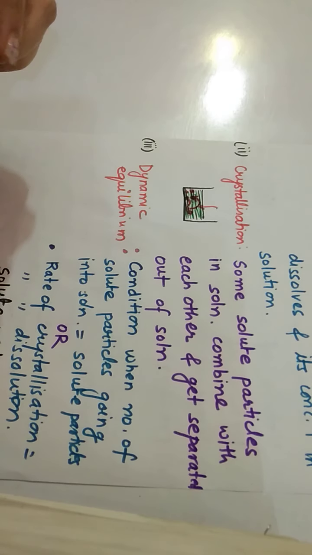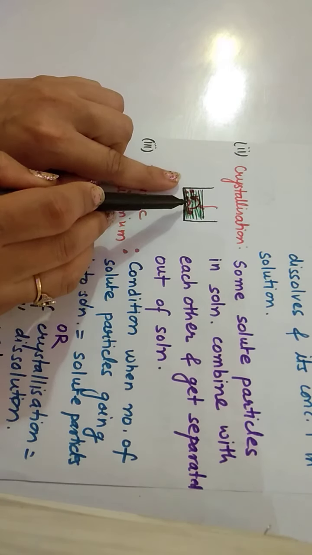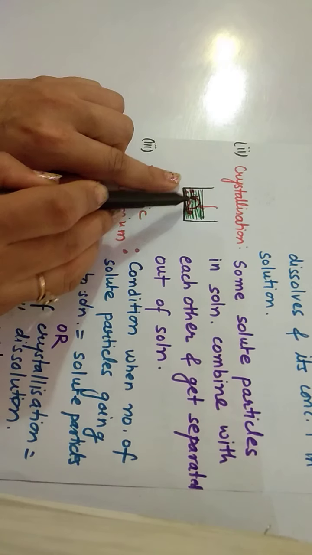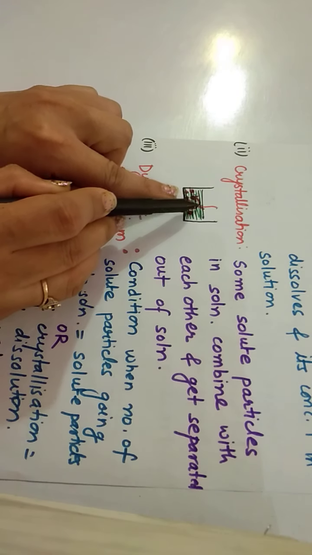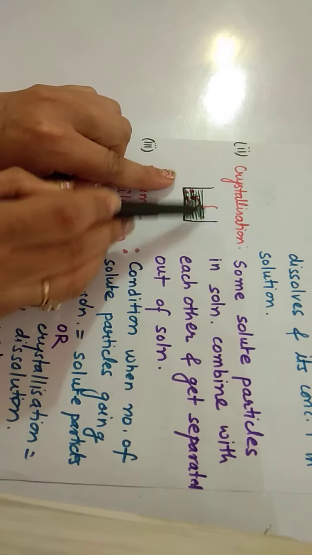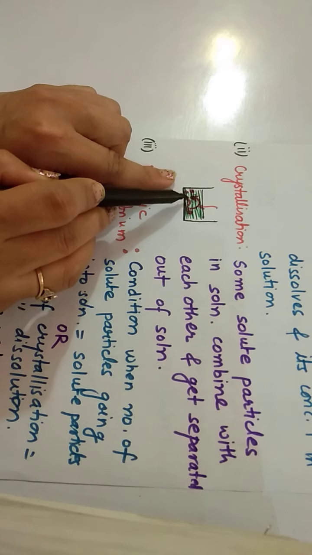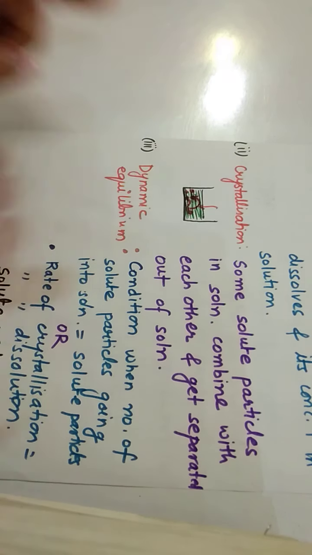This process is known as crystallization. When you add more solute to a saturated solution, some solute particles move out of the solution and form crystals. This is known as crystallization.